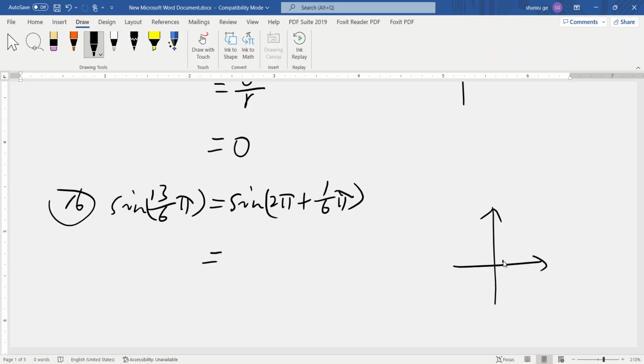So this is the start side, 2 pi here, then 1 over 6. So it's 30 degree here. Reference angle. So this side should be 1. This should be 2, hypotenuse. So it's equal to 1 over 2 because here y is positive. So this one is positive.